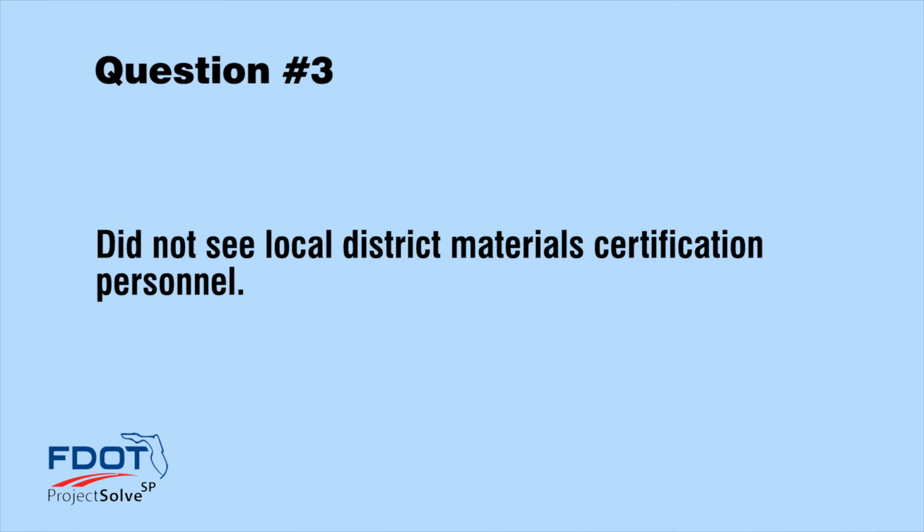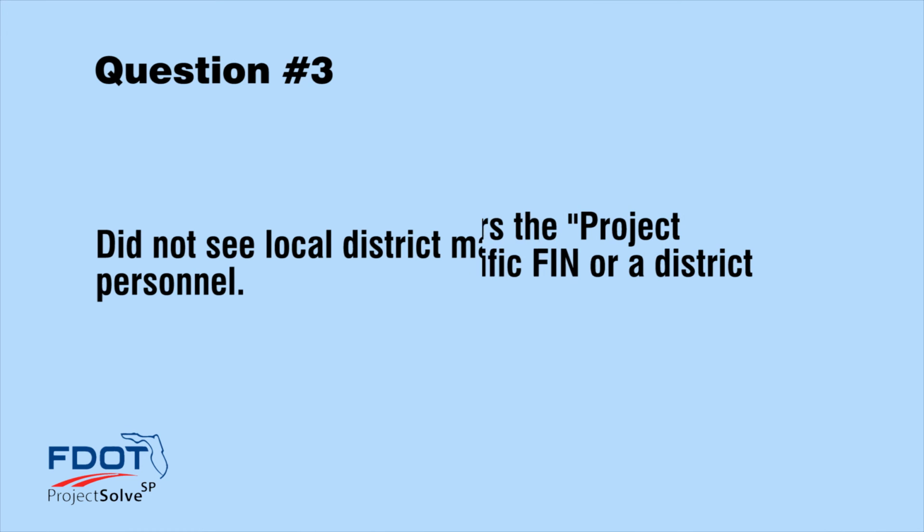The next question is, did not see local district material certification personnel. The list that I brought up for a district-wide provisioning example was only an example. You need to make sure that the district material people are in that list for your district. So if you have concerns about that, send a note to that CPR email group, and the person for your district will probably get with you and respond.